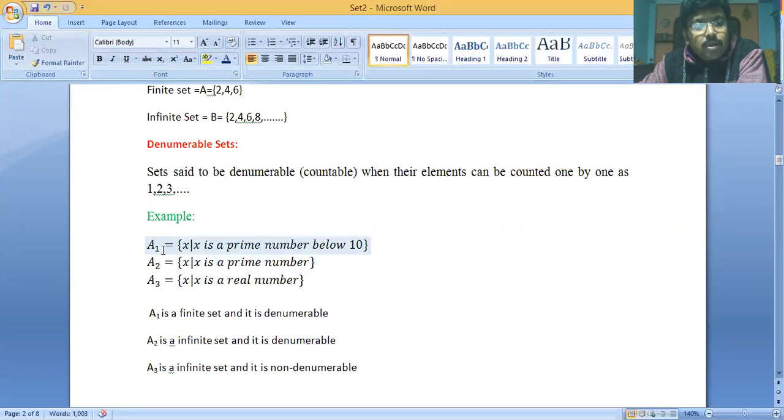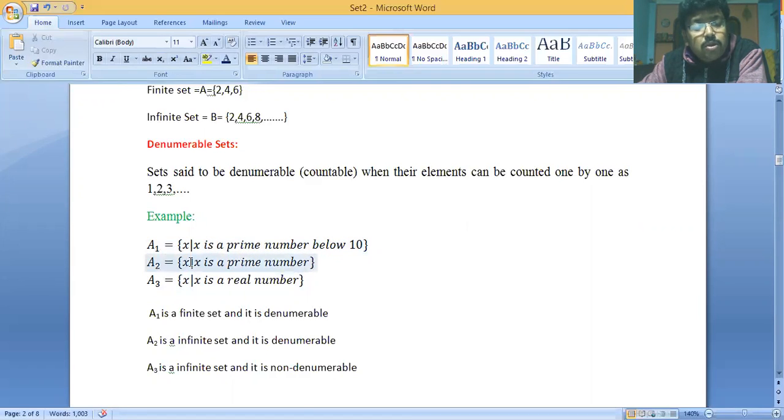Look, A1 is the set of x such that x is a prime number below 10. So A1 is a finite set and it is denumerable. You can count it.